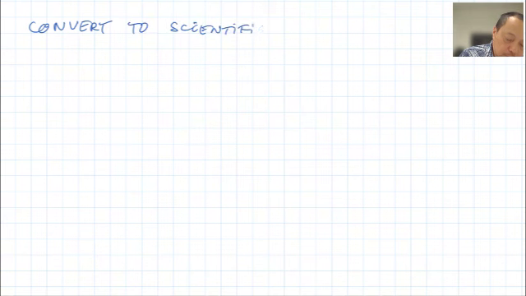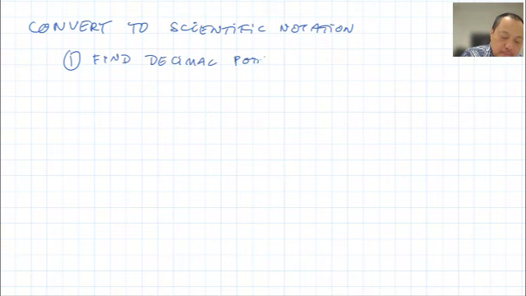Let's now write the rules for conversion from regular numbers to scientific notation. Both the situations where the number is really big and the situation where the number is really small. First of all, you're going to find the decimal point, and you're going to start moving it.